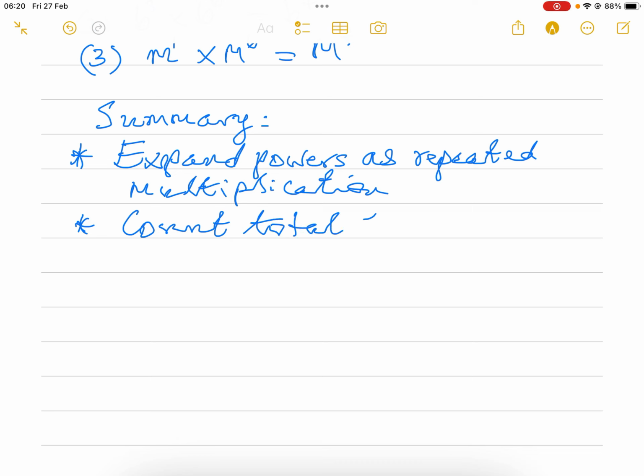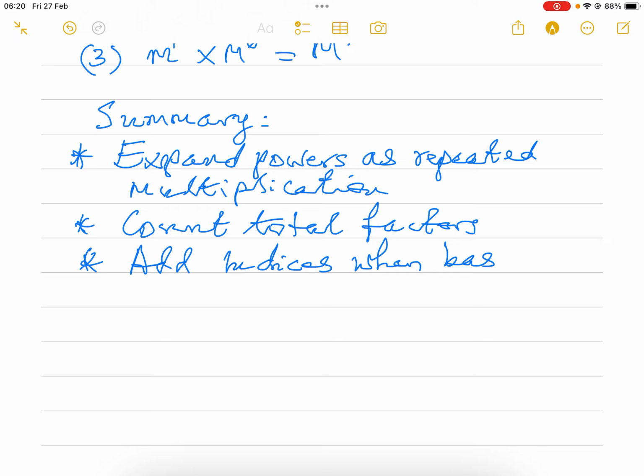We also learned to count total factors, and we have also learned to add indices when bases are the same.